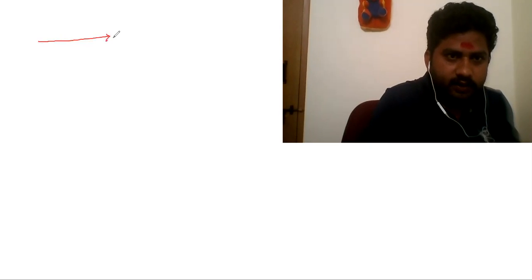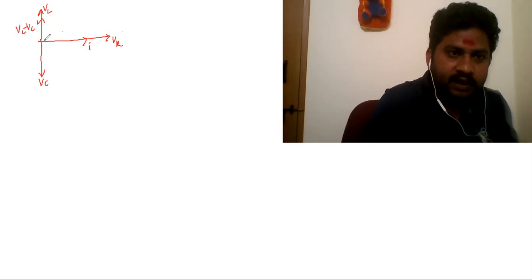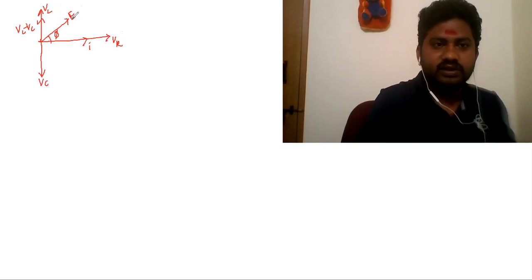This is VR or I, this is VL, and this is VC. If it is a capacitive dominated circuit, it is VL minus VC, and you have your final net voltage across the LCR circuit.